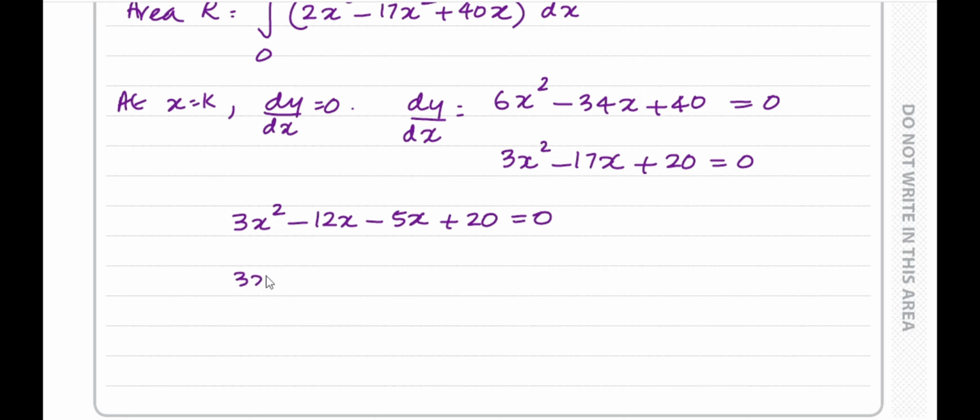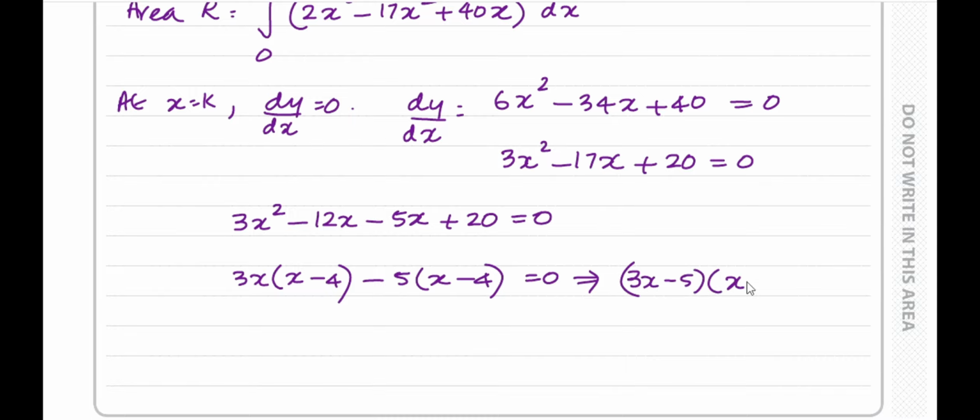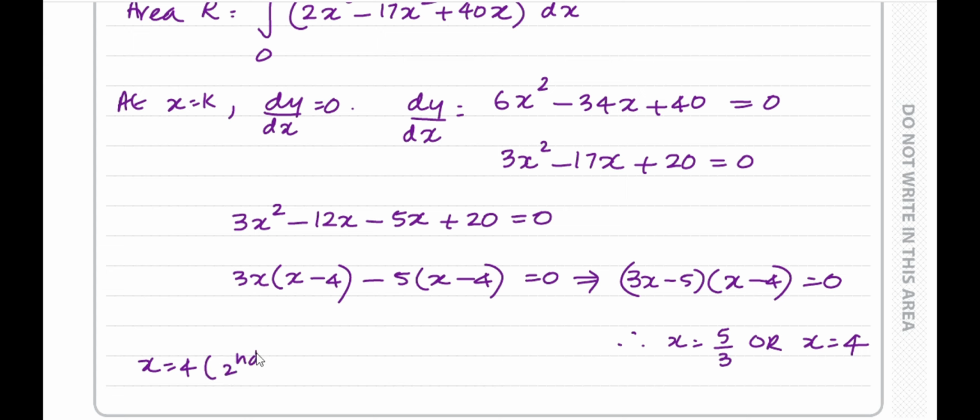Factorizing, we get 3x bracket x minus 4 minus 5 bracket x minus 4 equal to 0, leading to 3x minus 5 times x minus 4 equal to 0. Therefore, x should be either 5 over 3 or x is equal to 4. We need x is equal to 4 because it is the second turning point.